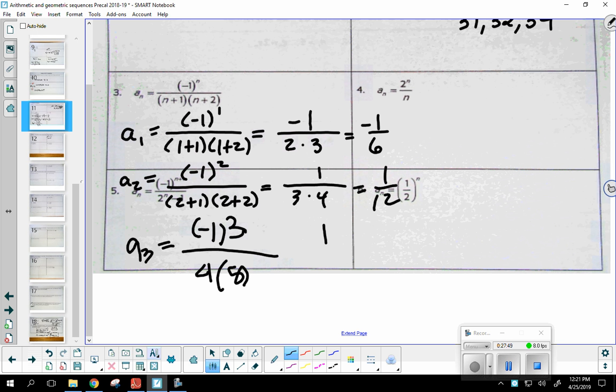So it'd be 1 over 20, right? Negative 1/20. Okay. Well, there we go. Okay. And then all you need to do is get the 4th and the 5th, and then the 20th.